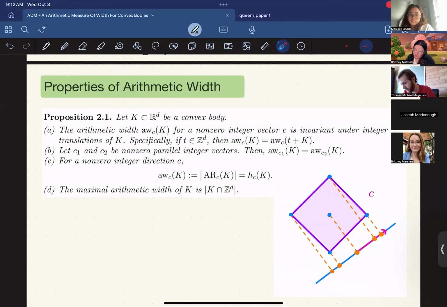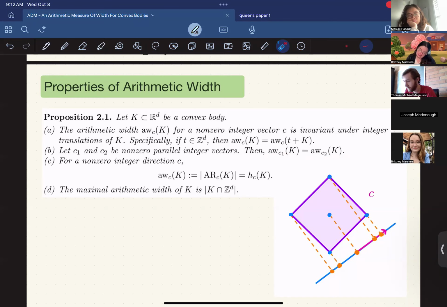Secondly, unlike with lattice width, if I take two parallel vectors, my arithmetic width will actually end up being the same. It's invariant under the magnitude of the direction vector. And if you think about this from an integer programming perspective, that's a really nice property, because finding short vectors in lattices is a historically difficult problem.